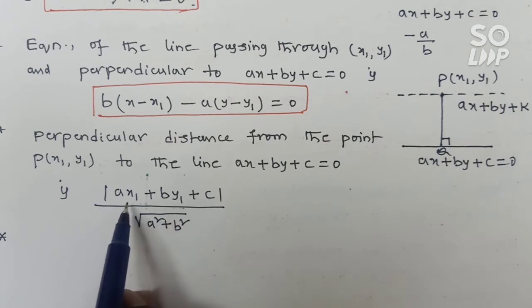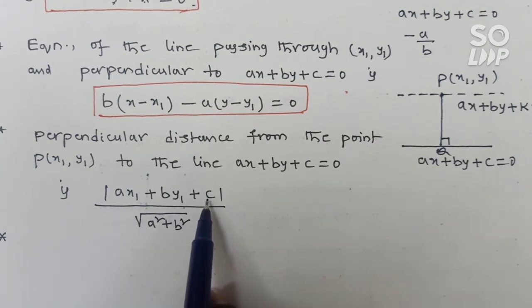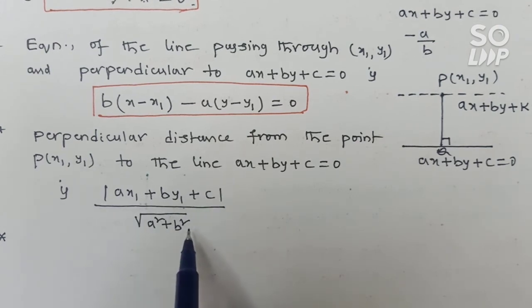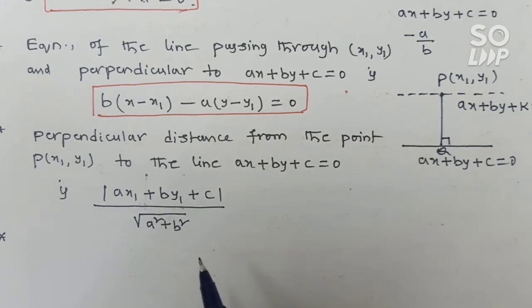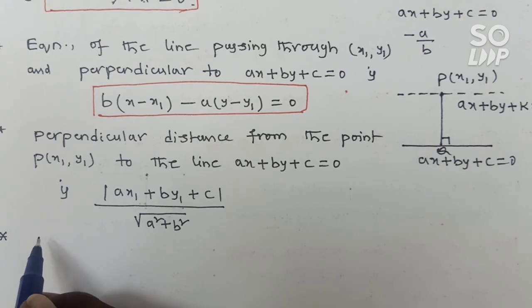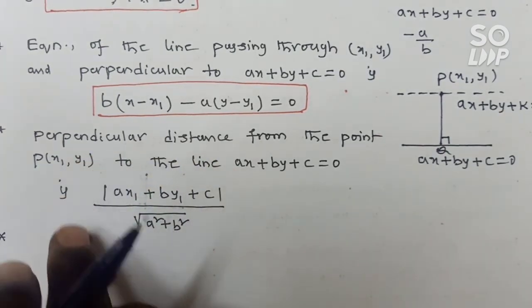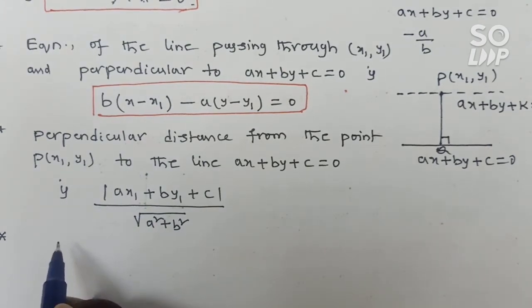Then both of these two terms become 0. The remaining part is c. Modulus of c by root of a square plus b square. So here we will write this one. And one more thing, the same formula will be used in another case.